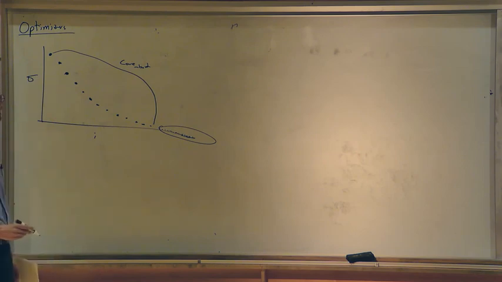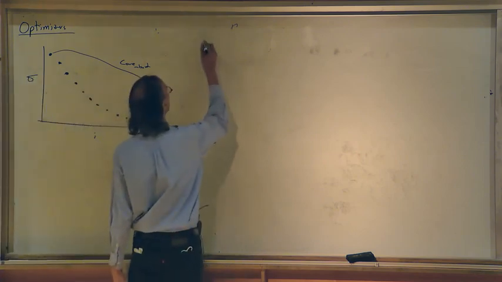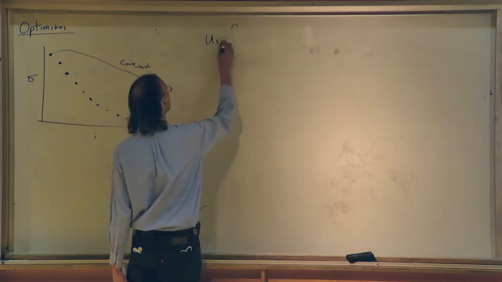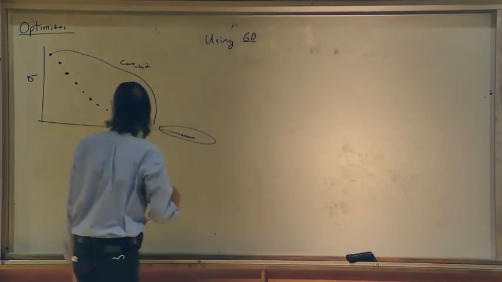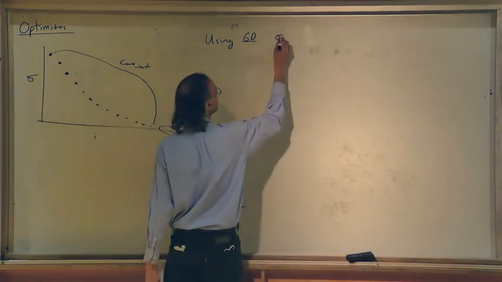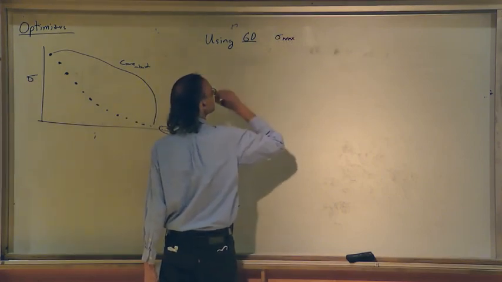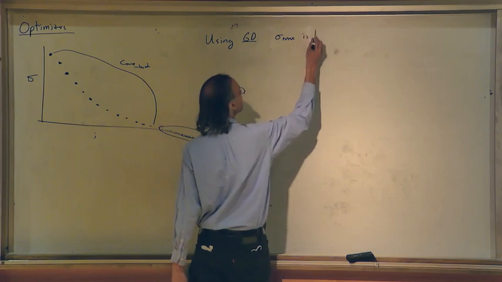So, if you're using gradient descent, sigma max is limiting our learning rate.